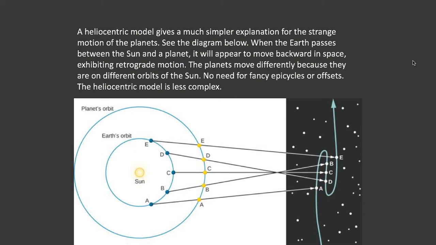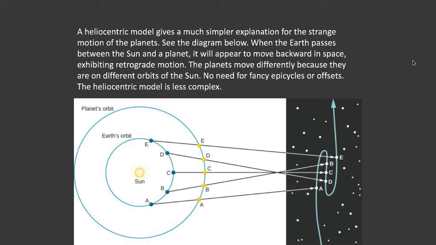Now, the advantage of the heliocentric model is that it actually is simpler than the geocentric model when you get into the details of how things are moving. From one viewpoint, the Earth-centered view is simpler because it doesn't feel like we're moving and it seems like everything is going around us.